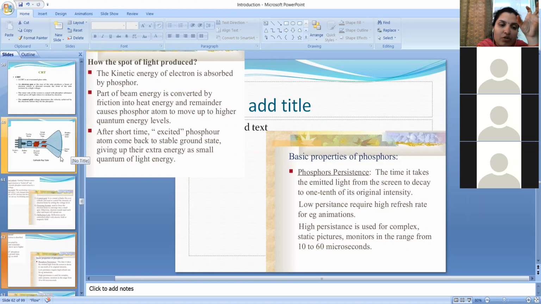Here you are going to represent it with a green light, as it is a green phosphor coating. So it is going to illuminate the point with green light. So here the kinetic energy is converted, and you are able to light up the point on the output screen.